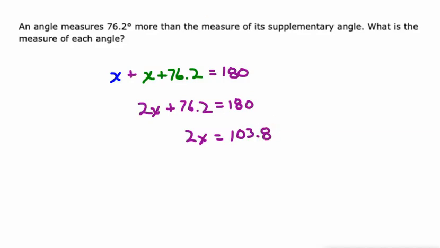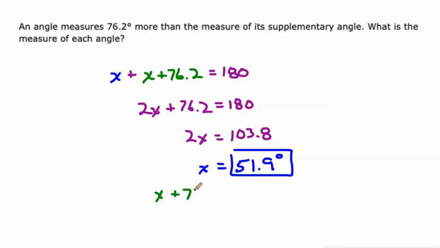Then divide both sides by 2, and we'd have the measure of this first one, which would be 51.9 degrees. And then the measure of the other angle is that value plus 76.2 degrees more. So 51.9 plus 76.2 is 128.1 degrees.